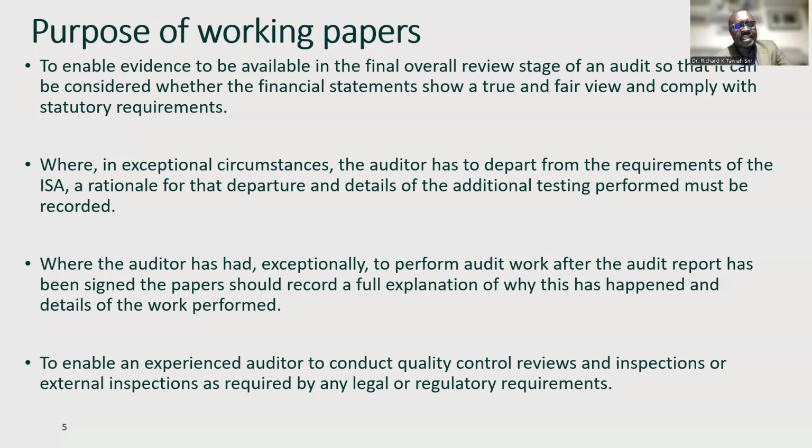Where the auditor has, in some exceptional situations, performed audit work after the audit report has been signed, the papers should record a full explanation of why this has happened and details of the work performed. So remember, even though we signed the audit report, if anything comes up, we might still have to work. The audit working papers will give a basis why, well, we signed it, but something came up and we did extra work.